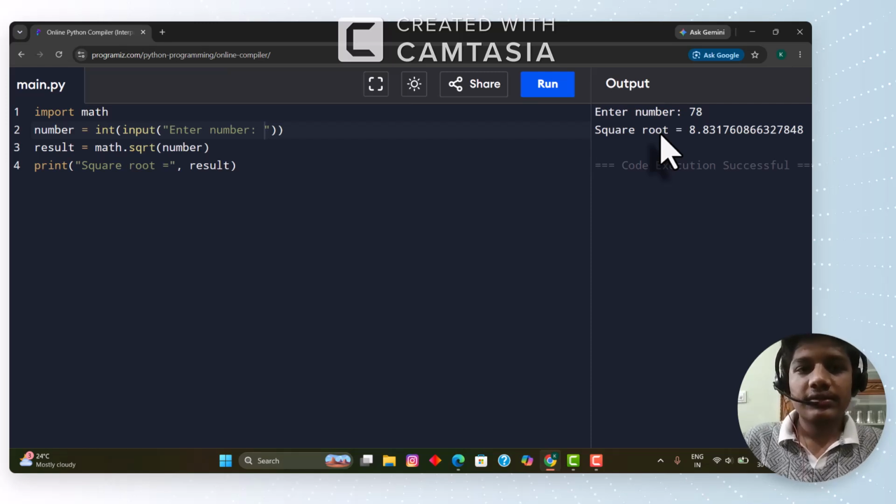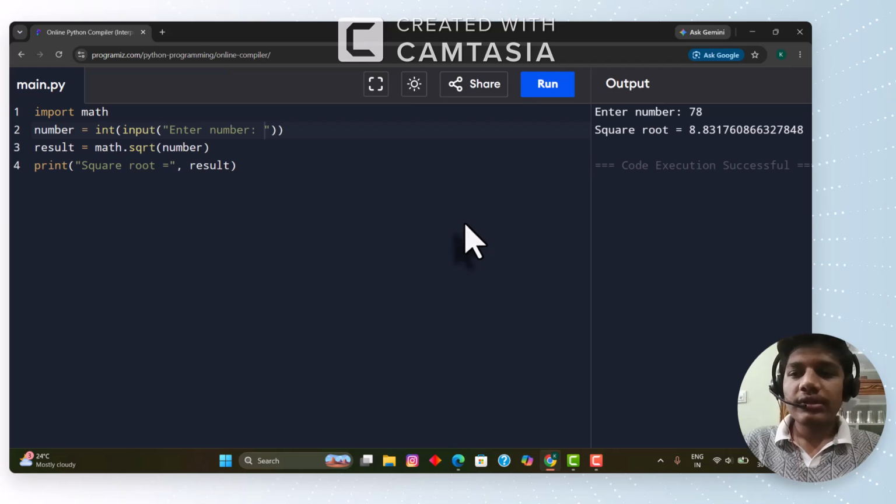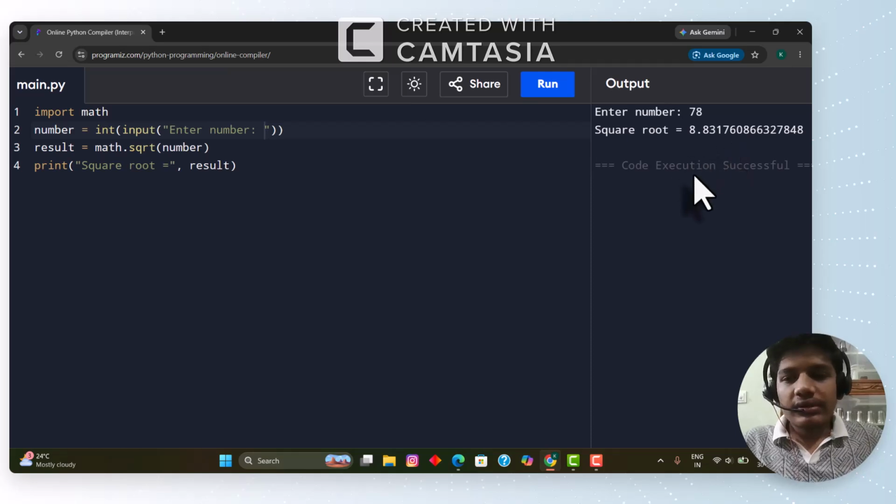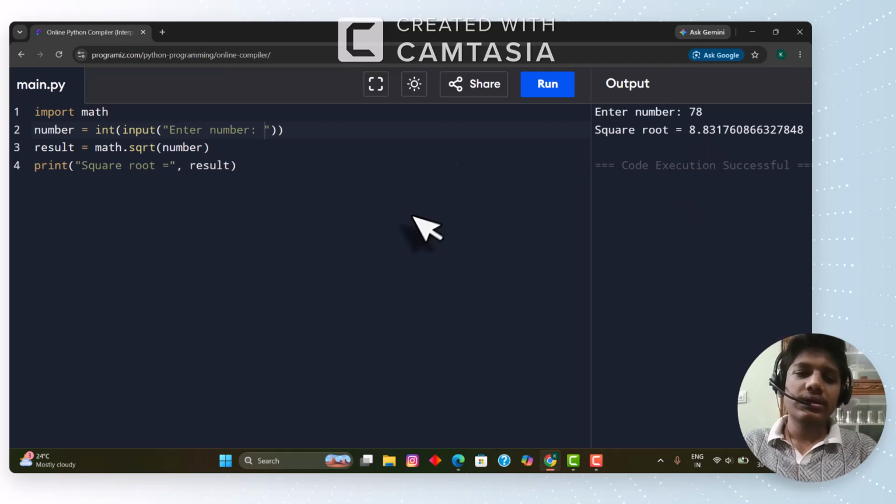We get 8.83. 8 into 8 is 64, and after 64 we have 81, because 9 into 9 is 81. The 78 is in between 64 and 81. That is the reason we got 8.83. If it is above 81, then you will get 9 point something. Here the root of 78 is 8.83.